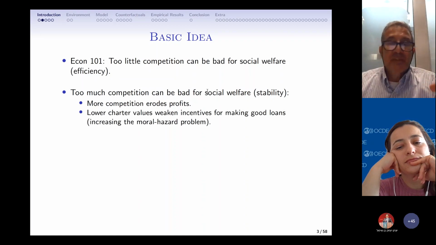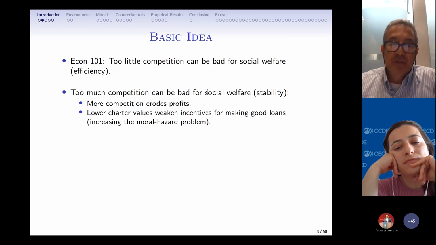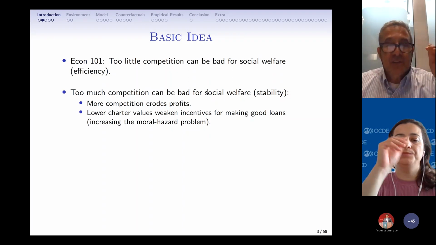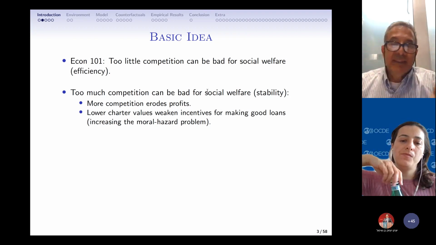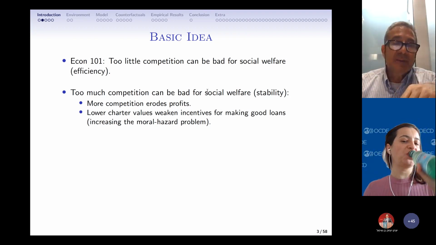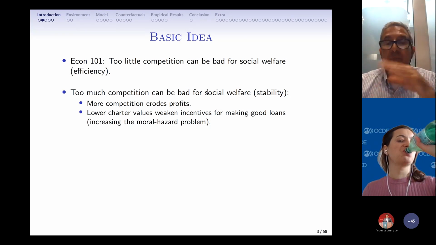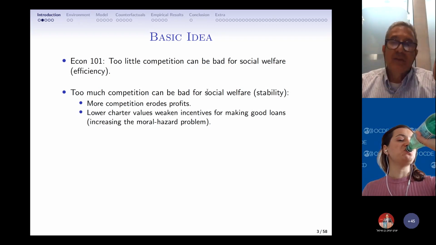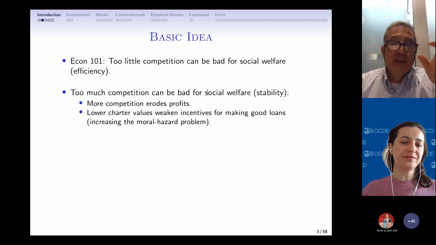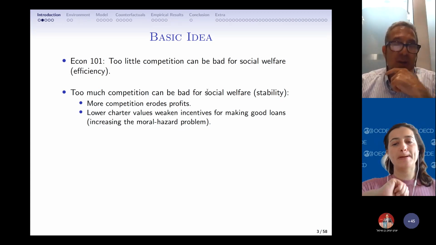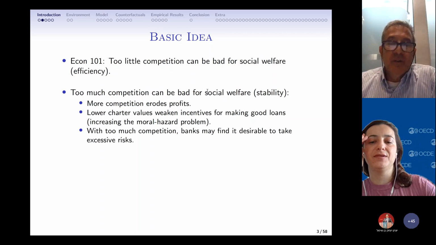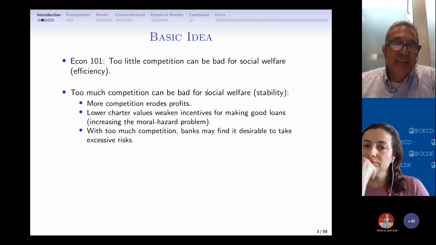And if bank profits are low, that translates to low charter values, the present discounted value of future profitability, and it's going to weaken incentives for making good loans. So it basically increases the potential for moral hazard problems. Banks may chase risky higher returns when they're making very few profits. So that's what we're getting at: with too much competition, it may be desirable to take excessive risks.